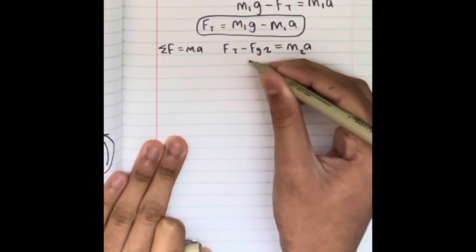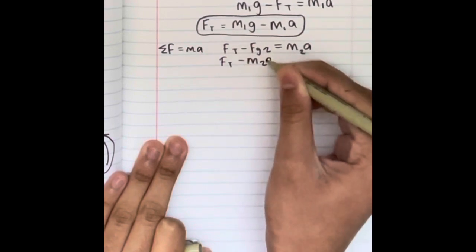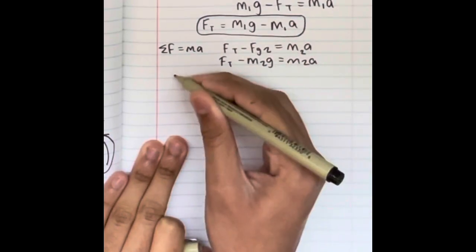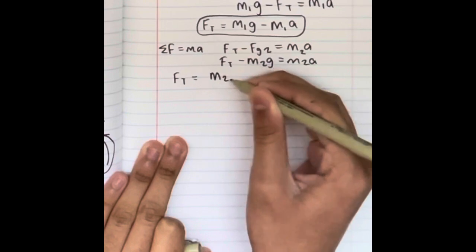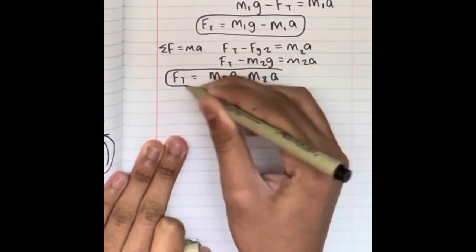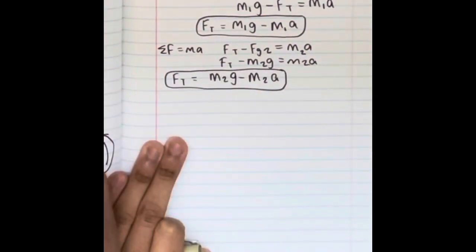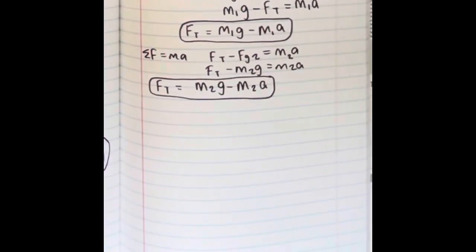Now we get Ft minus m2g equals m2a. We can bring this to the other side, so we get Ft equals m2g plus m2a. And no matter which equation we use to solve for the tension force, they are always going to be of equal value.